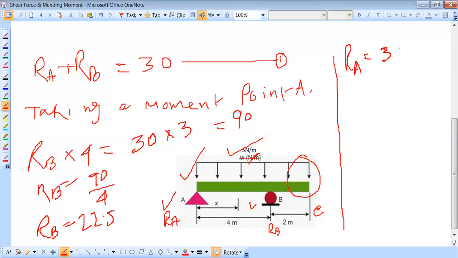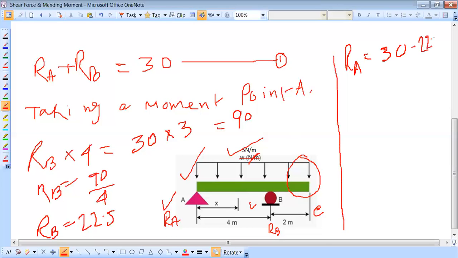Then RA is equal to 30 minus 22.5. You can subtract 22.5 from 30. So what is the value? The value is 7.5 Newton. So the value of RA is 7.5 Newton.